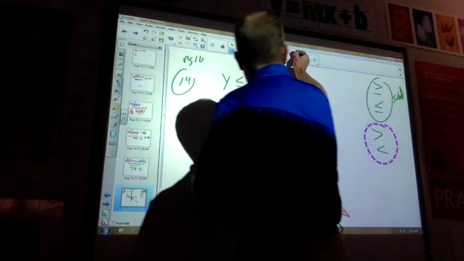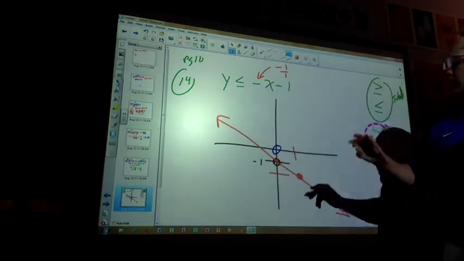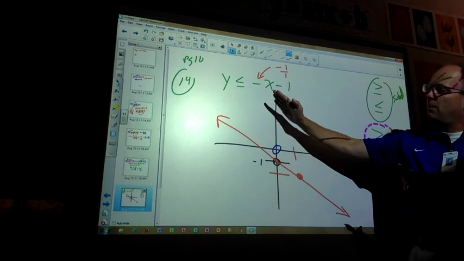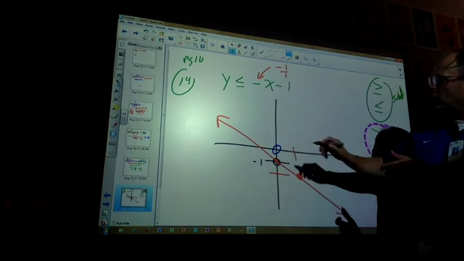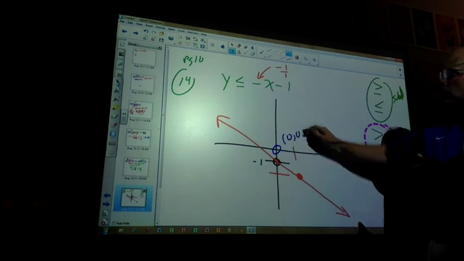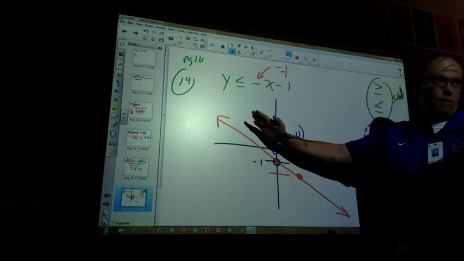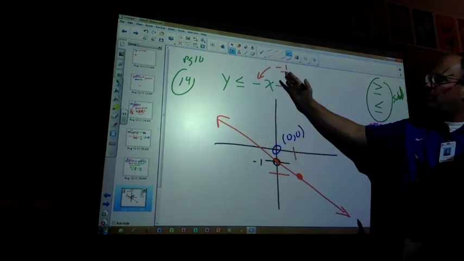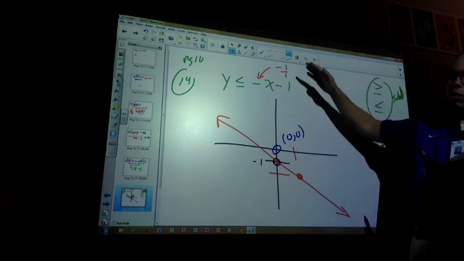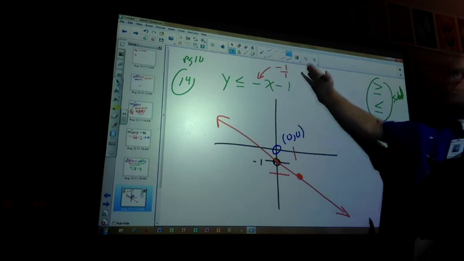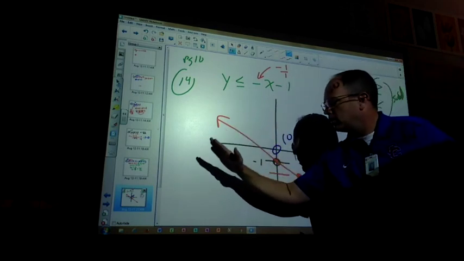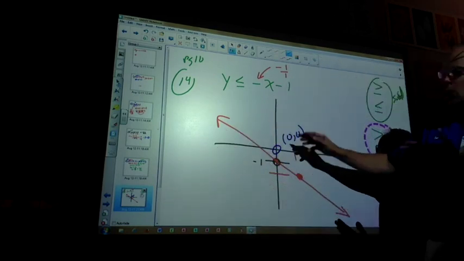This region right here, up here, is definitely, do you agree? So if we plug in 0, 0 as a test, and if it happens to be true, that would mean any point up here would be true. If this gives me a false, that means any xy point up here would be false, so I would shade this part of the graph. Okay, so 0, 0 is a great test point.